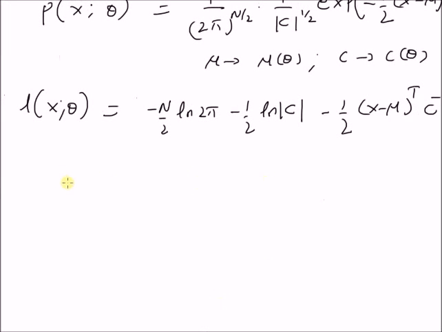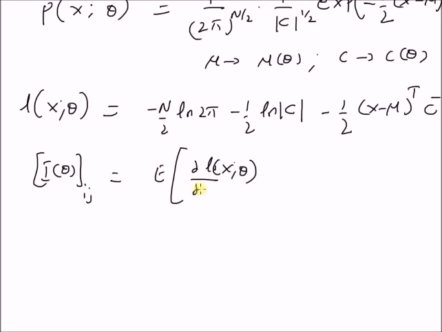Now the element of the Fisher information matrix I of theta ij, that is, the element in the ith row and jth column, is defined as the expectation of the derivative of the log likelihood function L of x of theta with respect to theta i, multiplied by the derivative with respect to theta j of the log likelihood function. So this is the element in the ith row and jth column.